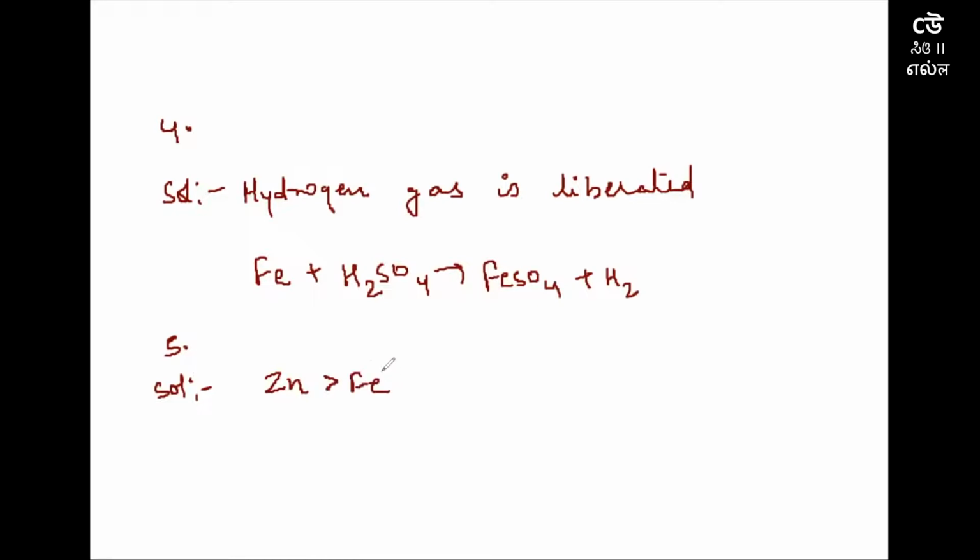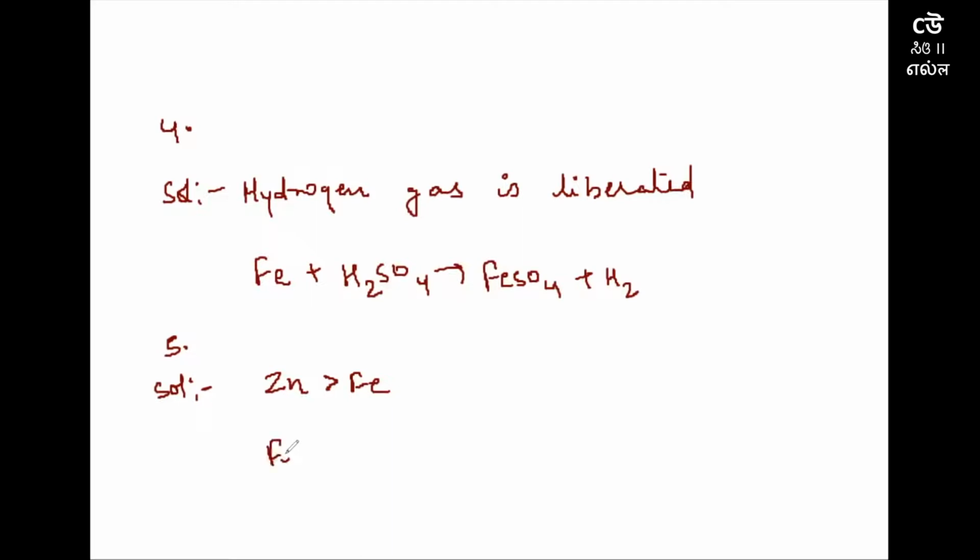Therefore, whenever there is a reaction between zinc and the salt solution of iron, zinc will definitely displace iron from its salt solution. The color of ferrous sulfate is pale green, but after the reaction is completed, it will turn colorless.